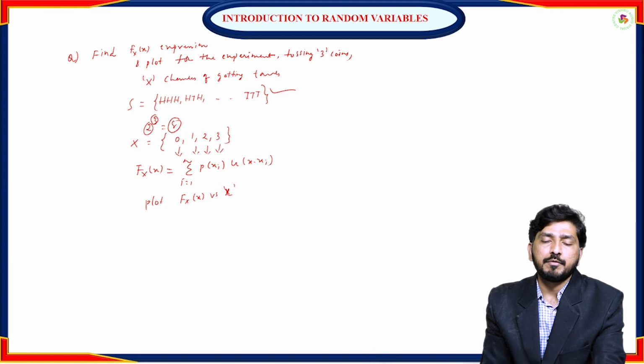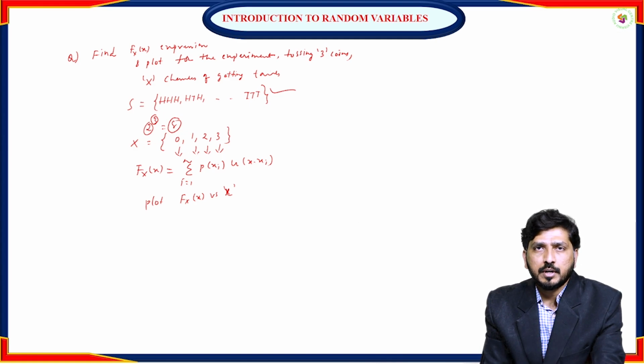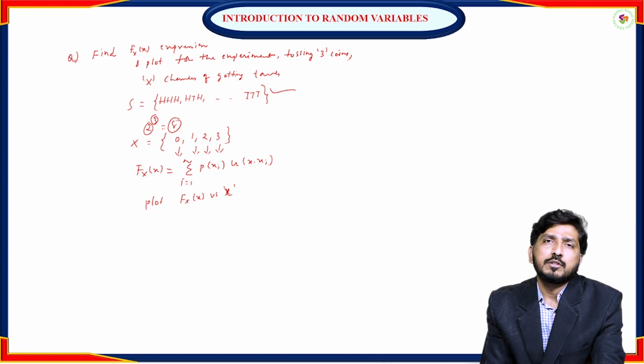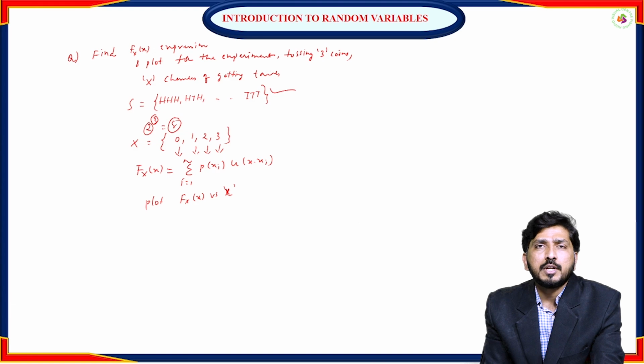We will see a few more problems in the next session. So this is for today. I hope you have got the concept of random variables under probability theory and stochastic process. In that we have seen that a random variable is used to find the behavior of the outcomes of random experiments which are descriptive in nature. Furthermore, to find the behavior of the random variable, we have the probability distribution function.